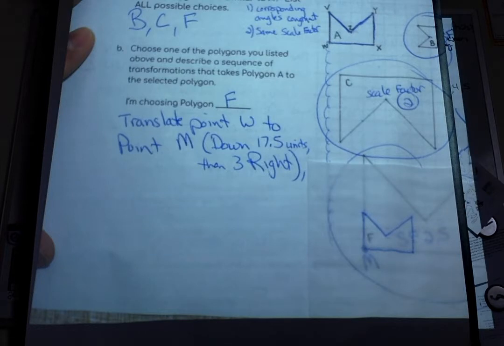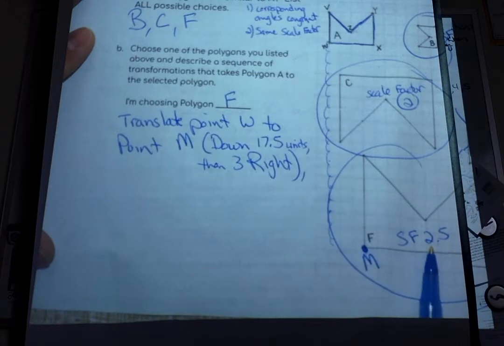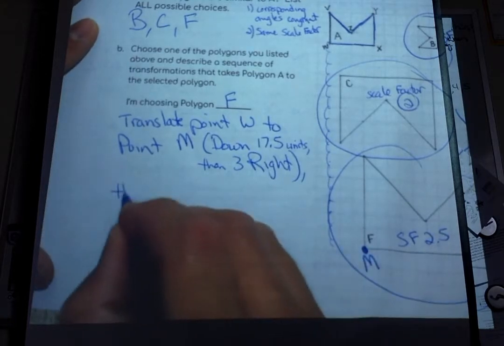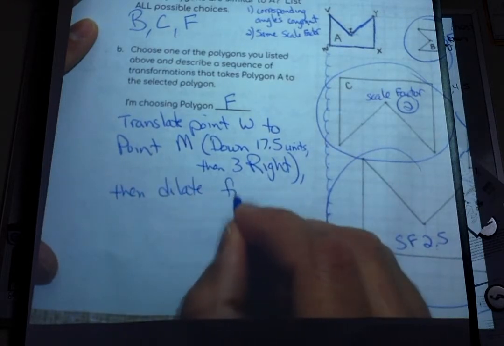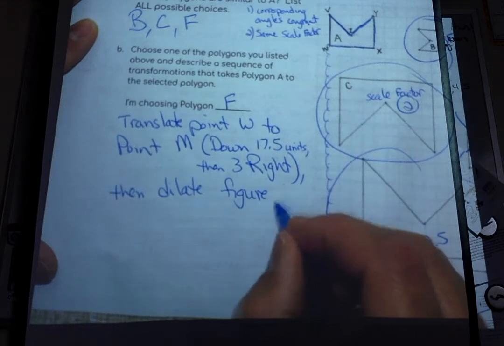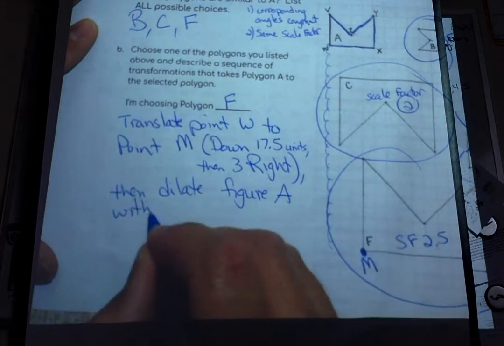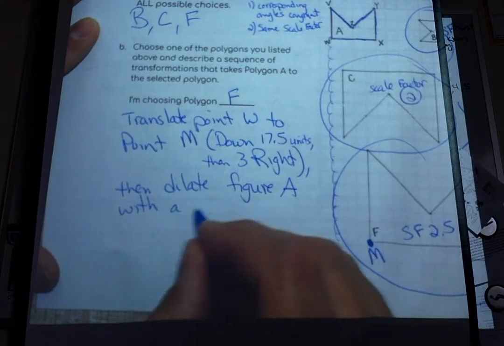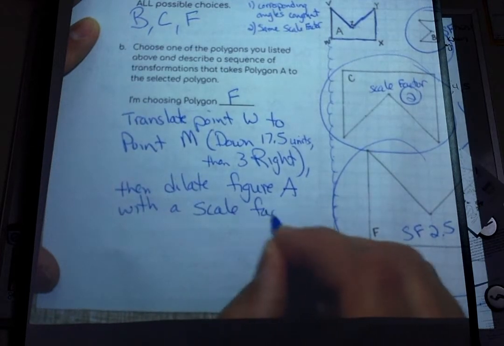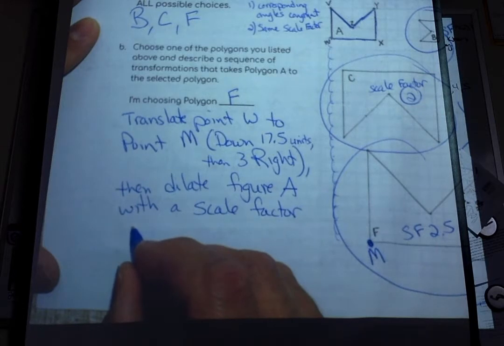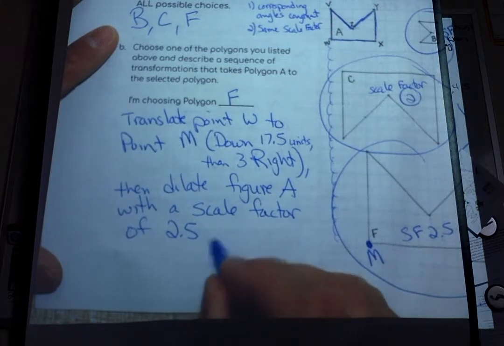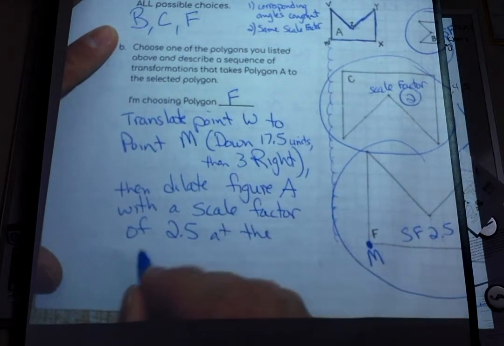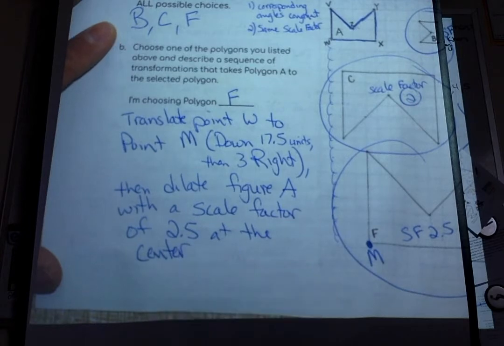So now we already figured out our scale factor of 2.5. So this is what we're going to write. Then dilate figure A with a scale factor of 2.5, and at the center, because we always need to have a center of dilation, where are we going to dilate from?